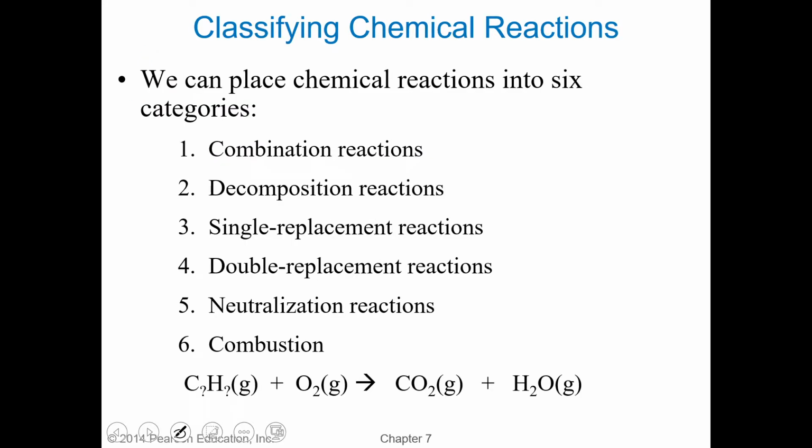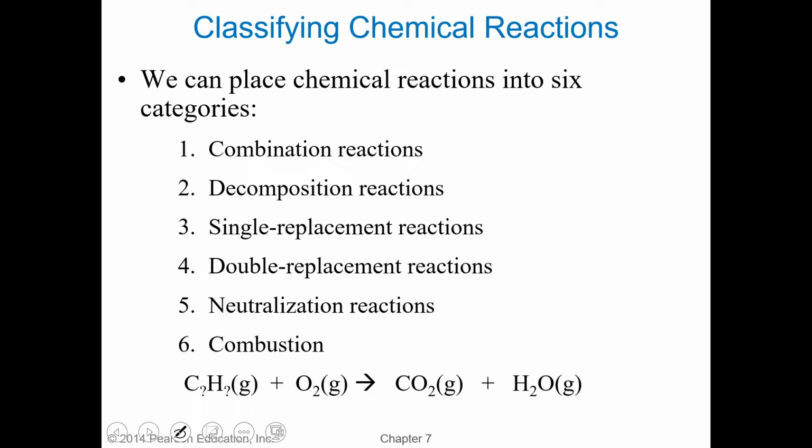So there are 6 different types of chemical reactions, or categories we're going to put them in. Just like we had the different categories of naming, we're going to have different categories of types of reactions. Those are combination, decomposition, single replacement, double replacement, neutralization, and combustion.